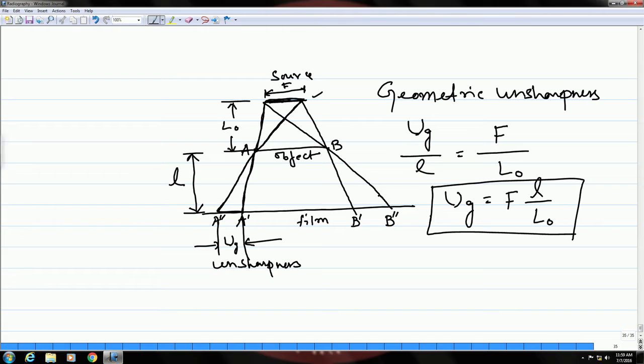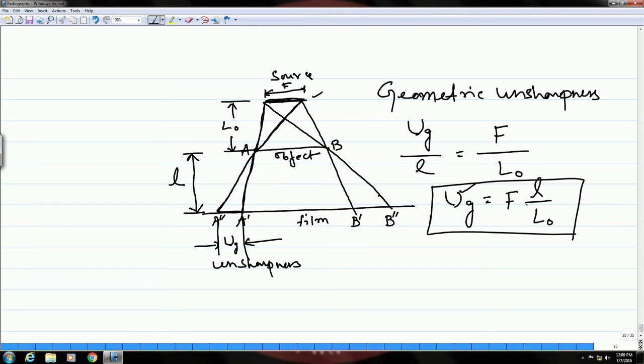So, from here you can see how the quality or the sharpness of the image will depend on these parameters, and when you vary one of them, the quality or the sharpness of the image will vary. Our objective is to get the best quality image, and therefore, this UG has to be minimized. Okay.